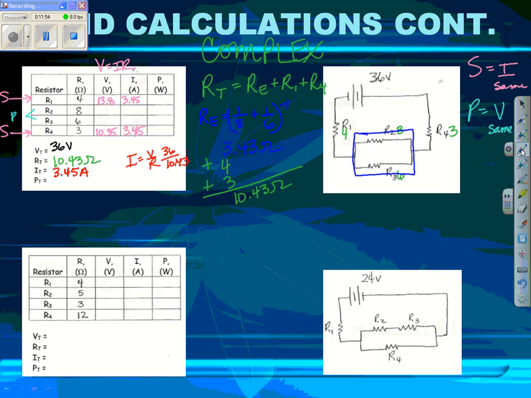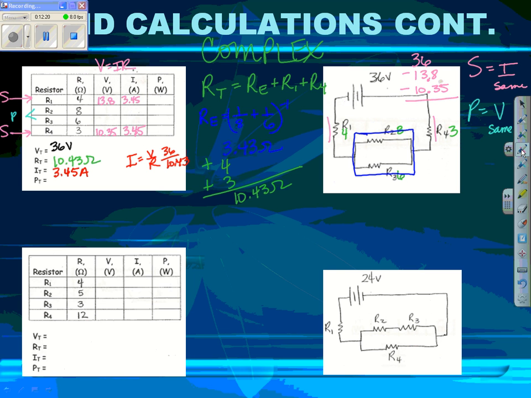Okay. Now, here's the thought process. I start off with 36 volts. When I go through R1 and R4, I know how much voltage those are going to use. So I'm going to subtract 13.8 and I'm going to subtract 10.35 volts from 36.